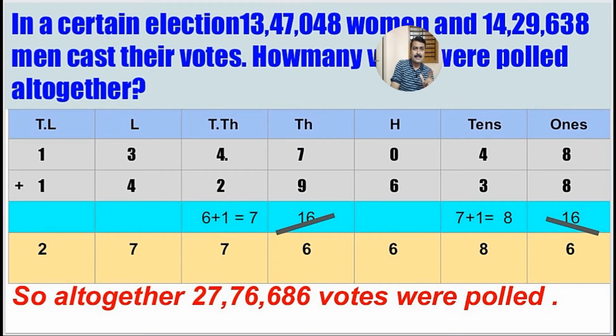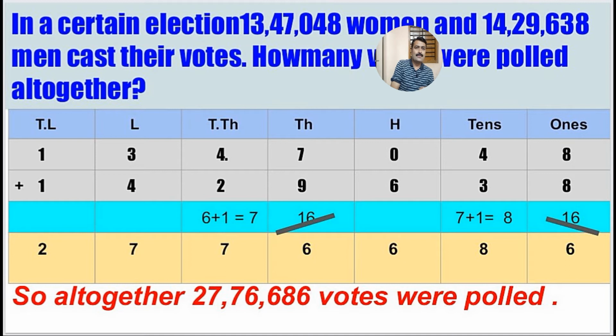That means we start from 8 here. 8 we arrange below 8 in the ones column, 3 below 4 in the tens column, 6 below 0 in the hundreds column, 9 below 7 in the thousands column, 2 below 4 in the 10,000s column, 4 below 3 in the lakh place, and 1 below 1 in the 10 lakh place. This is the proper way of vertical arrangement.